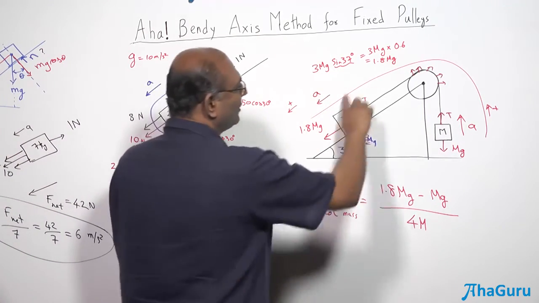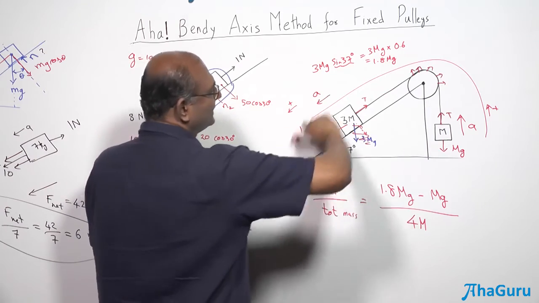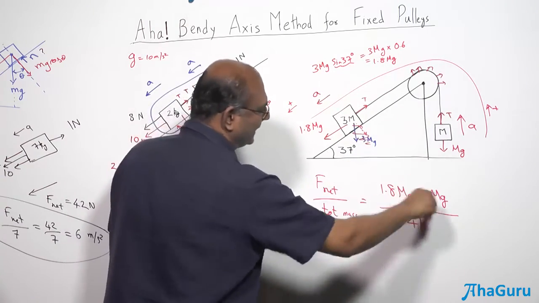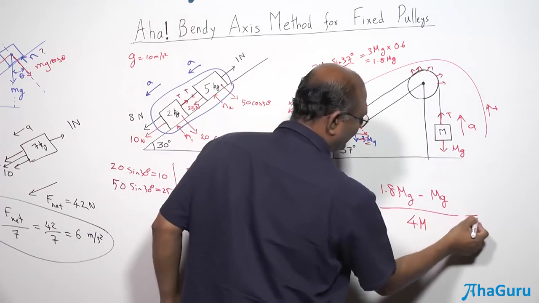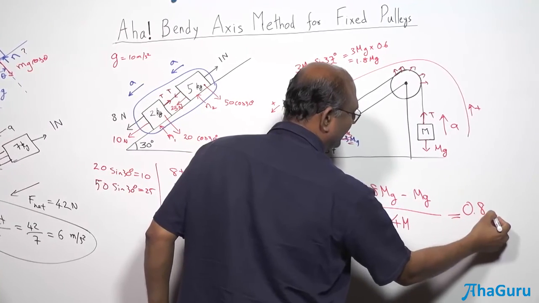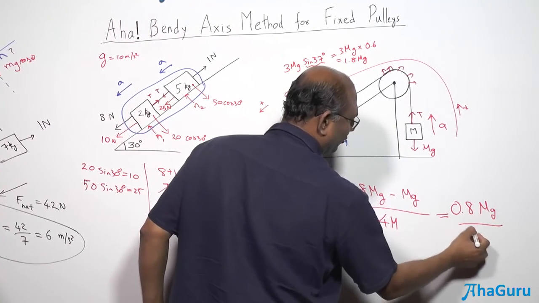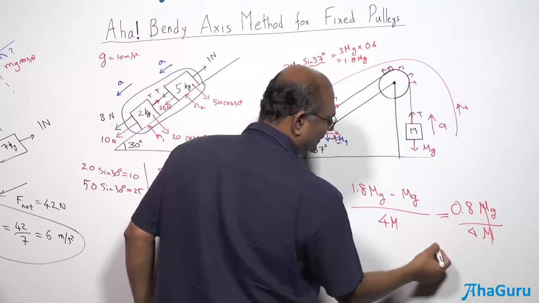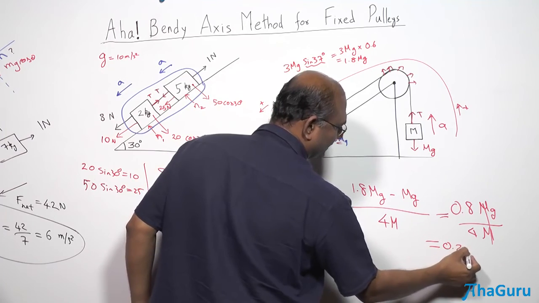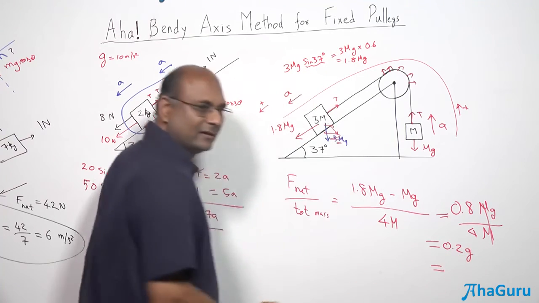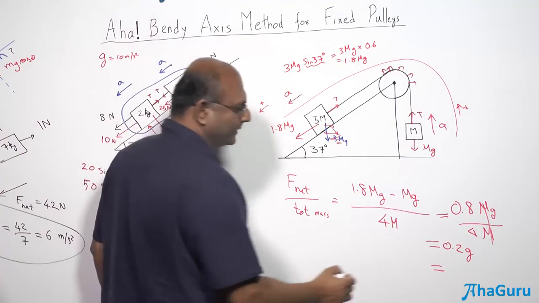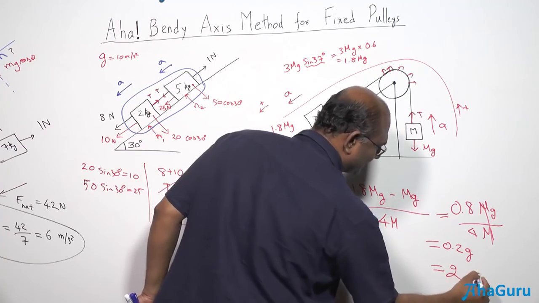So anyway, we don't need the T anymore. So if I look at this entire thing, 1.8 minus mg by 4m. So we can calculate. This is 0.8 mg by 4m. And if I do this, it is 0.2 g. g is 10, right? So therefore this is 0.2 into 10, 2 meters per second square.